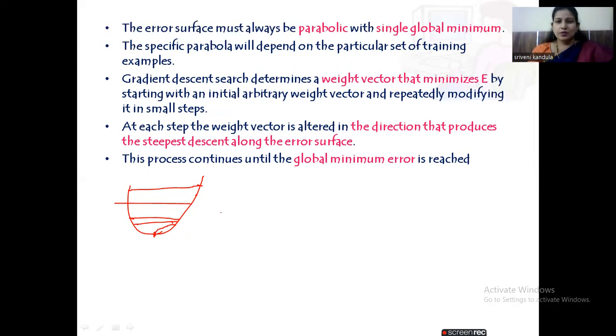So why the term global? Earlier we have seen only a local minimum, right? Why we are using the term global minimum is, suppose my surface is like this. Okay. So here if you observe, instead of having one steepest descent, I have multiple. So all these points I will be calling local minima.